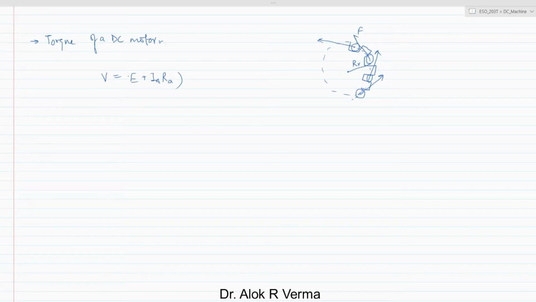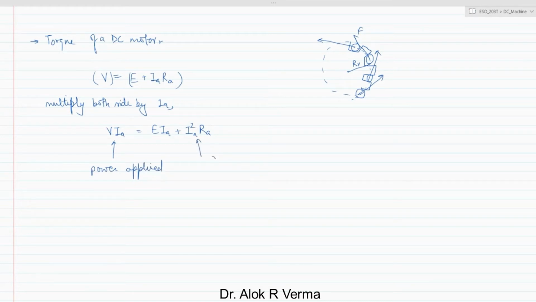Multiplying both sides by IA, we get V into IA equals E into IA plus IA square into RA. V IA is the terminal characteristic parameter, so it is basically the power applied, and this is the IA square RA drop in the armature conductor.